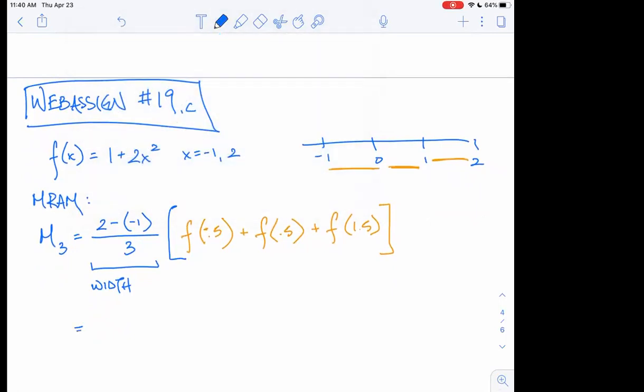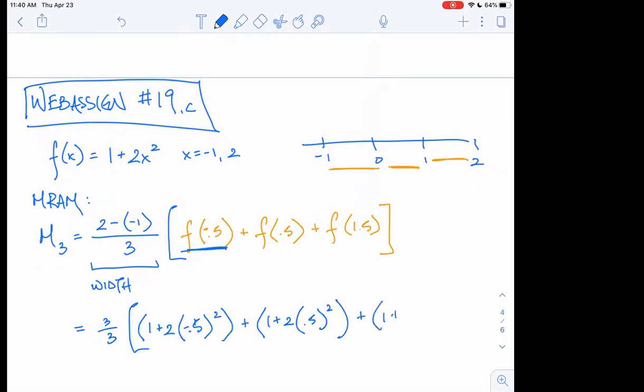And so when you clean this up a little bit, you'll get 3 over 3. f of -0.5, I can just say is 1 plus 2 times -0.5 squared. So I'm literally just plugging it into the function. Plus 1 plus 2 times 0.5 squared plus 1 plus 2 times 1.5 squared.